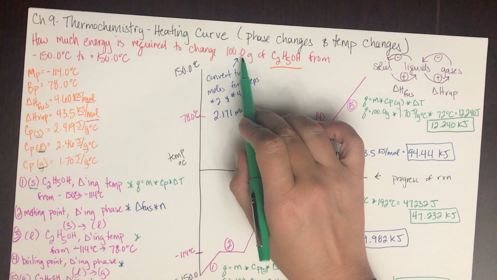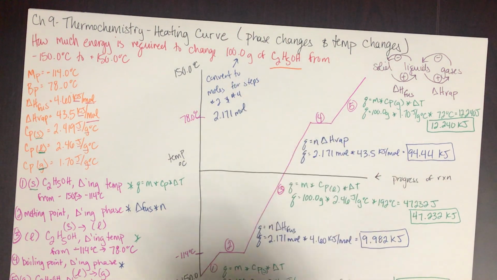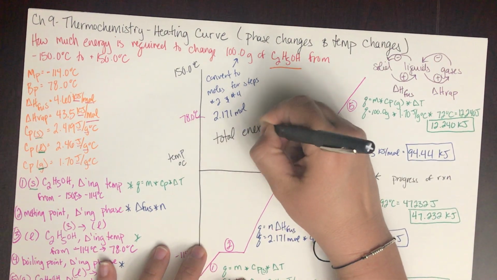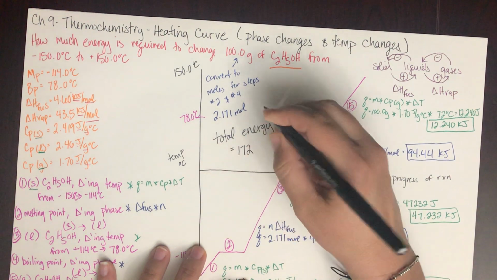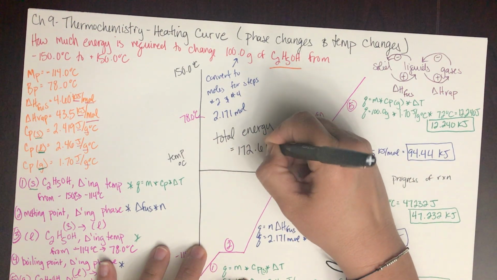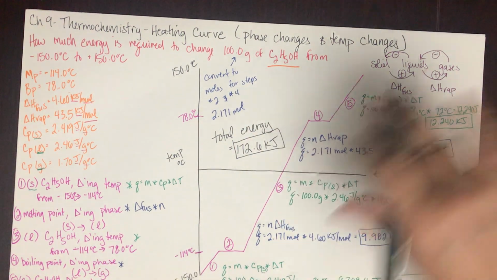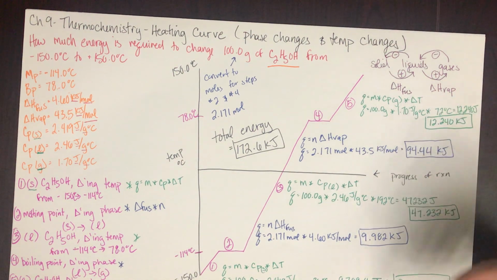Sorry, this 0 after the decimal place is definitely significant. 4 significant figures. So with 4 significant figures, the total should be 172.6 kilojoules. That's how much energy it takes for this whole process. And depending on how you may have rounded through here, your number might be a little bit different. That would be totally fine.